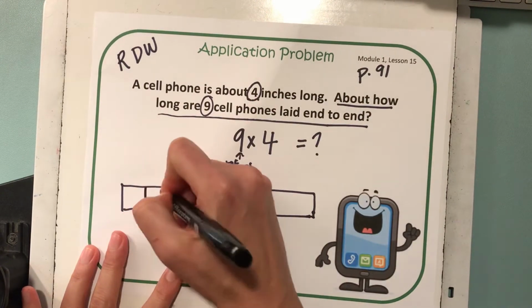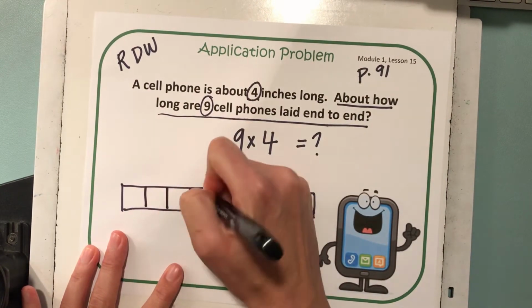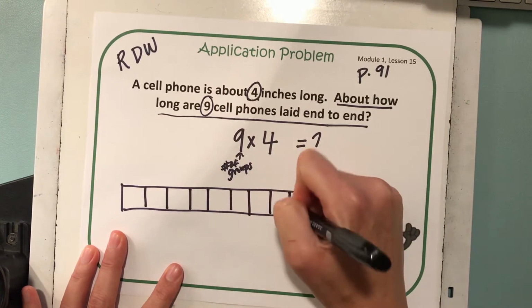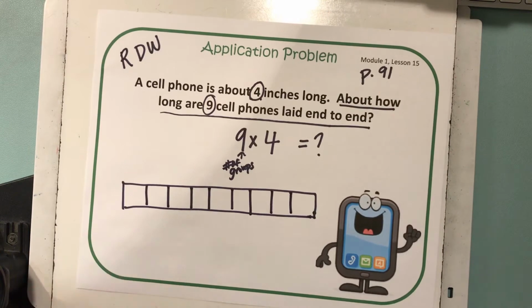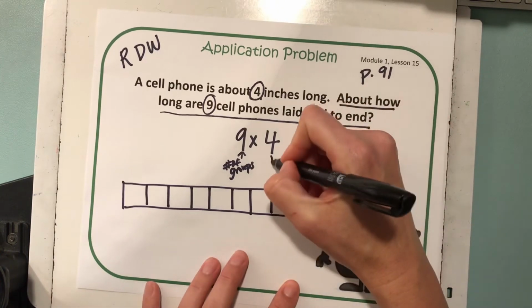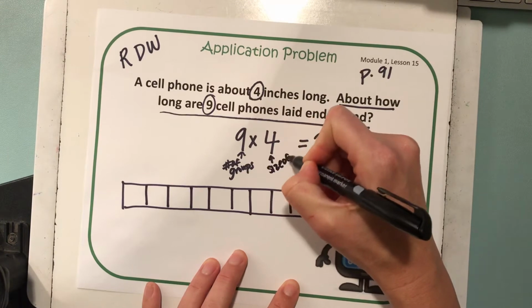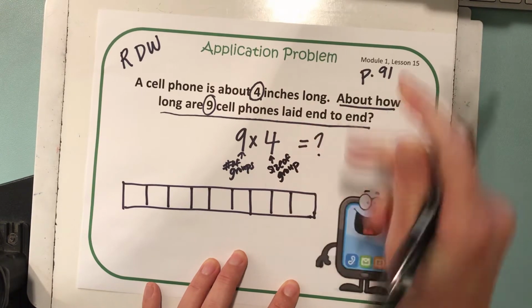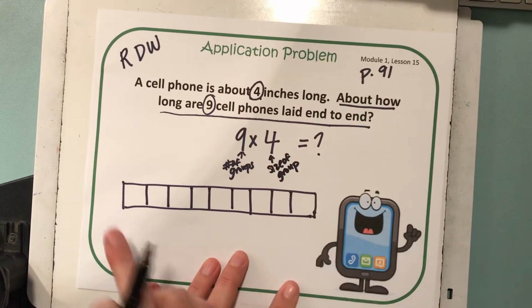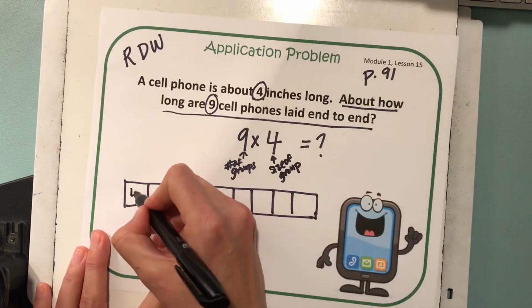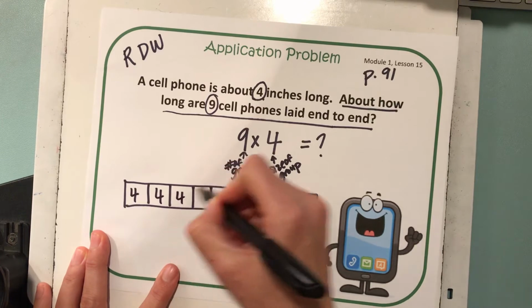So 1, 2, 3, 4, 5, 6, 7, 8. Hey, that looks pretty good. All right, and the size of the cell phones, this is the size of the group, right? Size of the cell phone is 4. So each of these is a cell phone. So I'm going to put 4 in each of these squares.